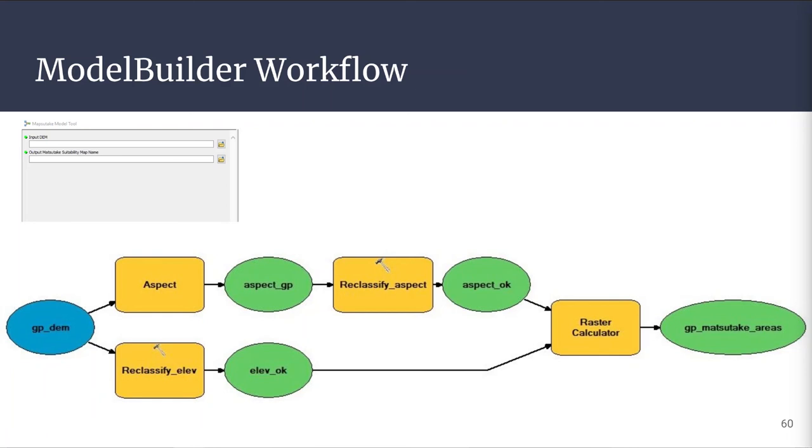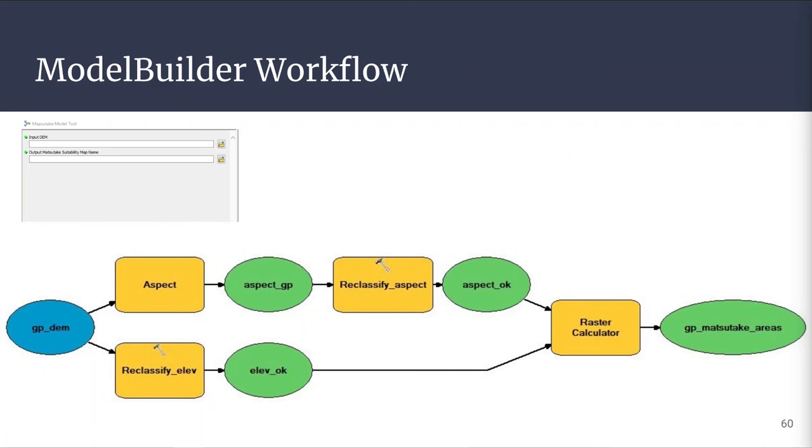However, again, you might want to establish some of these things as parameters. In this case, the input DEM, I've made a parameter if you look at the top right, and when you run the tool, you can put in any input DEM, and it'll run through these steps to give you the matsutake mushroom areas for that area. However, in this case, I didn't put elevation and aspect as parameters.